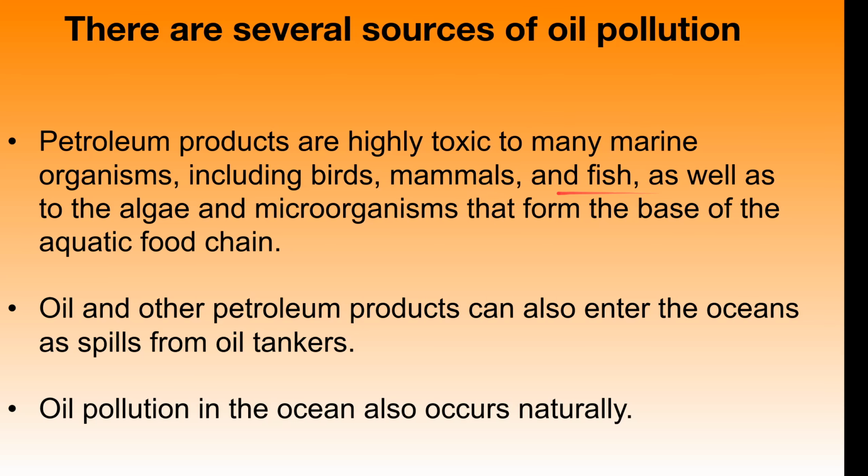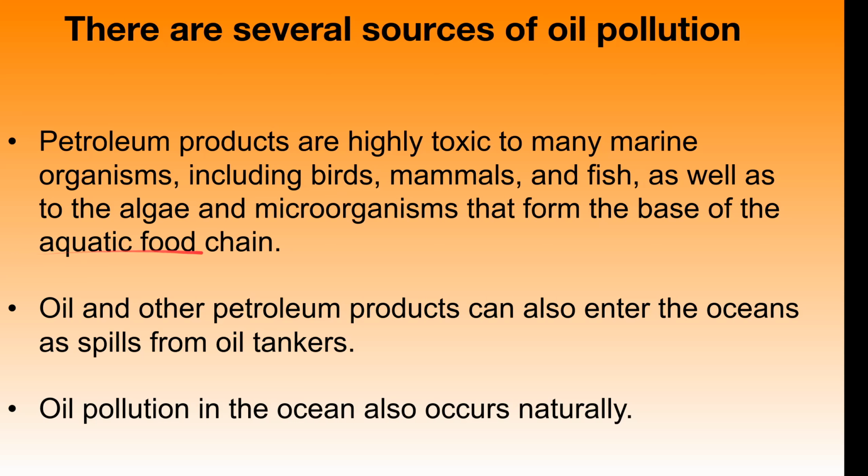Mammals are going to be impacted. Fish are going to be getting killed. You'll have birds that are almost tarred. The oil gets in their feathers and prevents them from flying, or it will suffocate them.